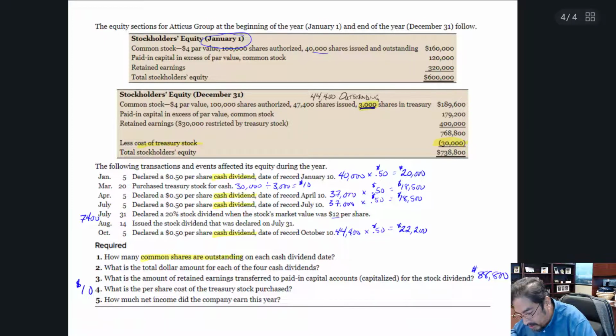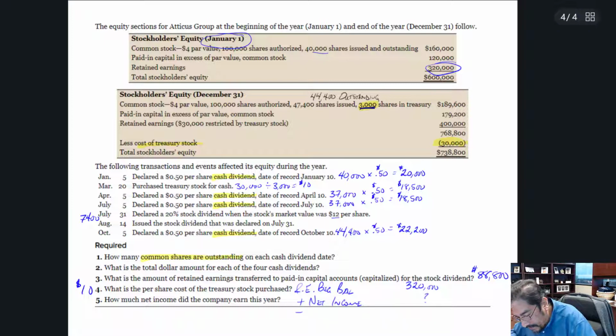Okay, we're going to start off with the retained earnings beginning balance, and that is given right here. Plus net income. Oh, that's what they're asking us, so we don't know what that is.